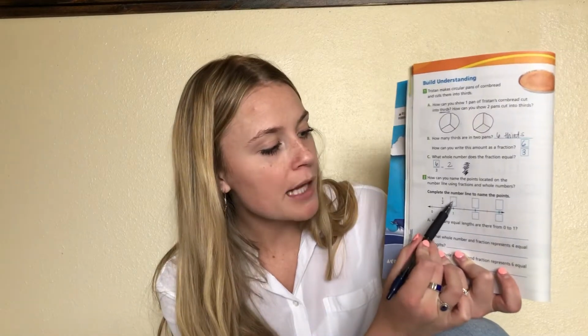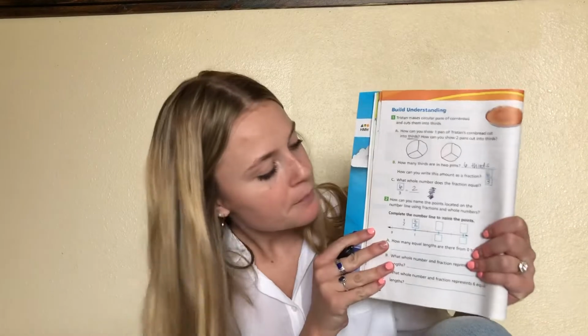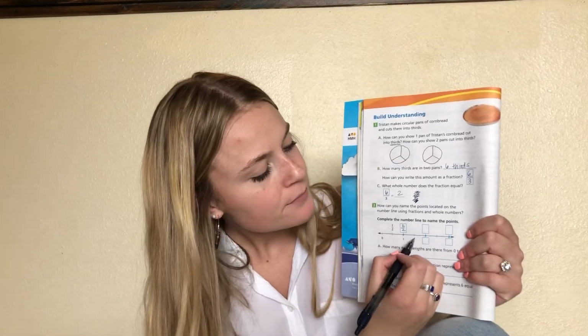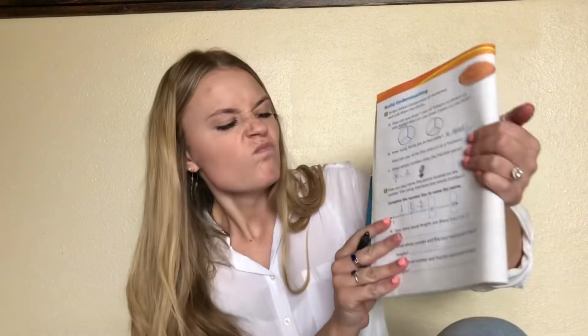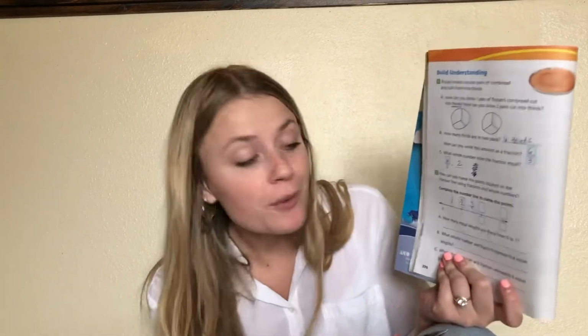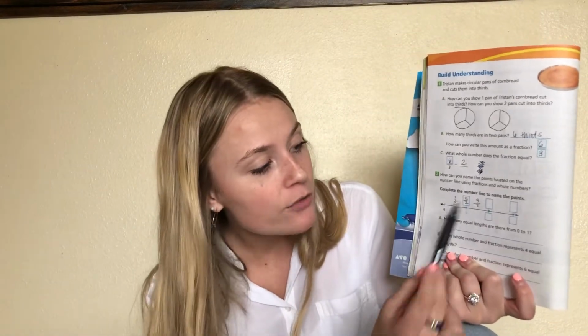So what would this one be? 2 over 2. Same thing. This would be 3 over 2. It doesn't ask us to do this, but we're Superstar students, so we're gonna do it. This is 3 over 2.